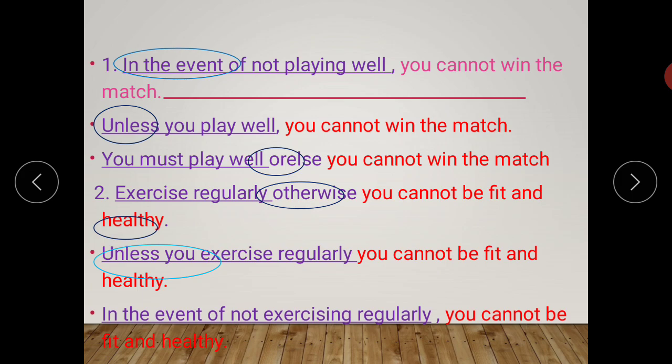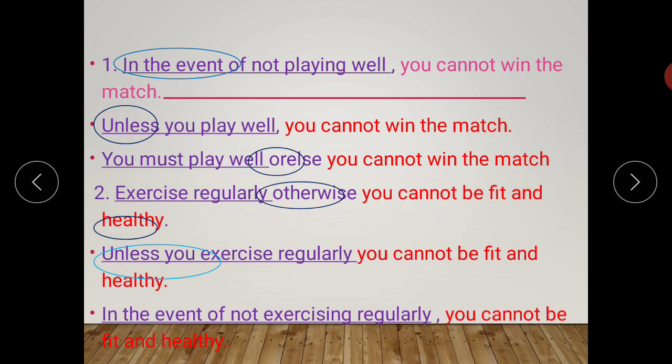In the event of not exercising regularly, you cannot be fit and healthy. If you read the three sentences: exercise regularly, otherwise you cannot be fit and healthy. Unless you exercise regularly, you cannot be fit and healthy. In the event of not exercising regularly, you cannot be fit and healthy.